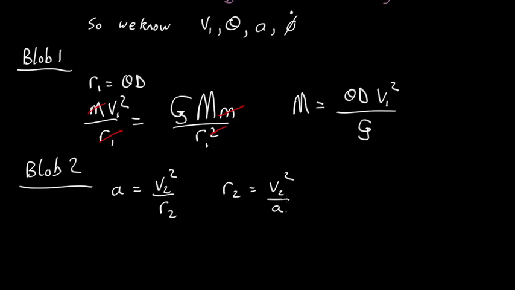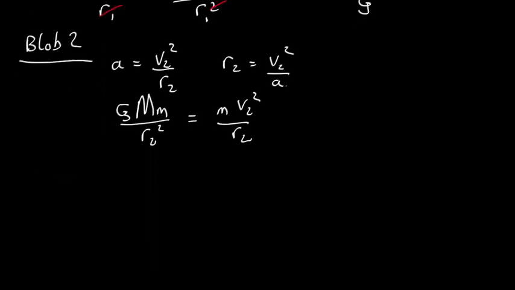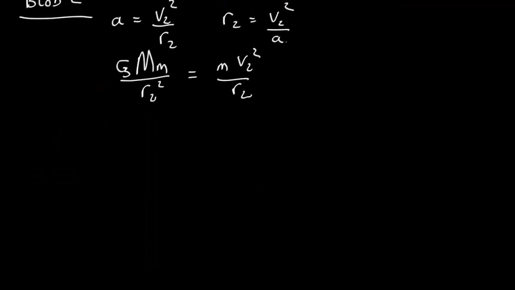So what we'd like is another equation for r2, which we can use to cancel this out. And once again we can balance centrifugal force against gravity, which gives us that G big M small m over R2 squared equals small m V2 squared over R2, just as we did above.